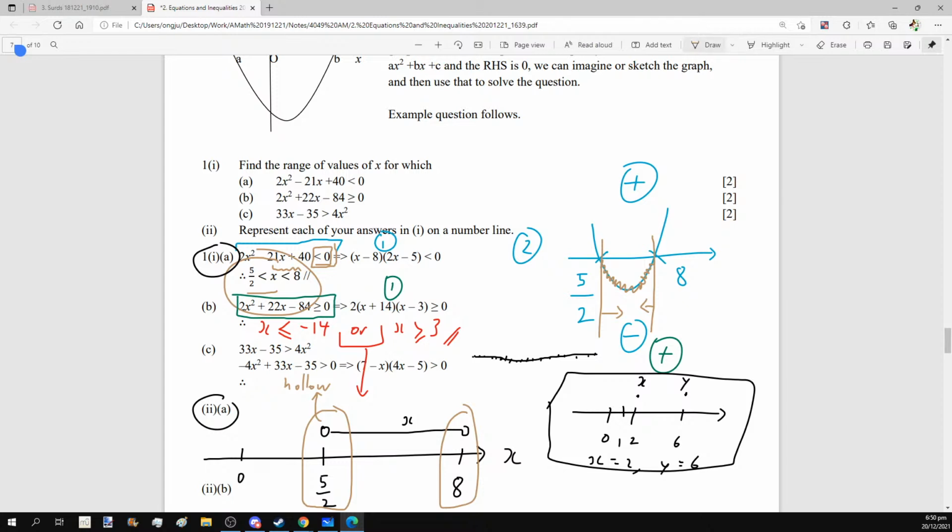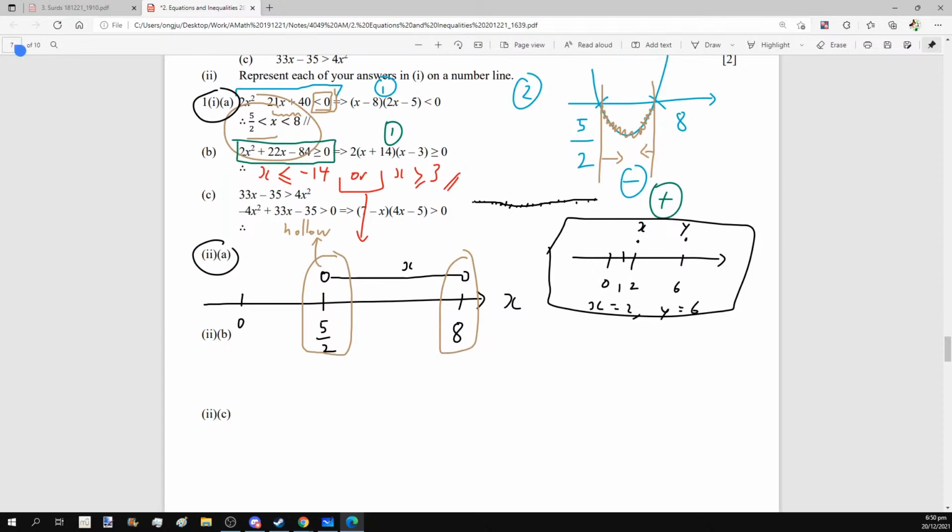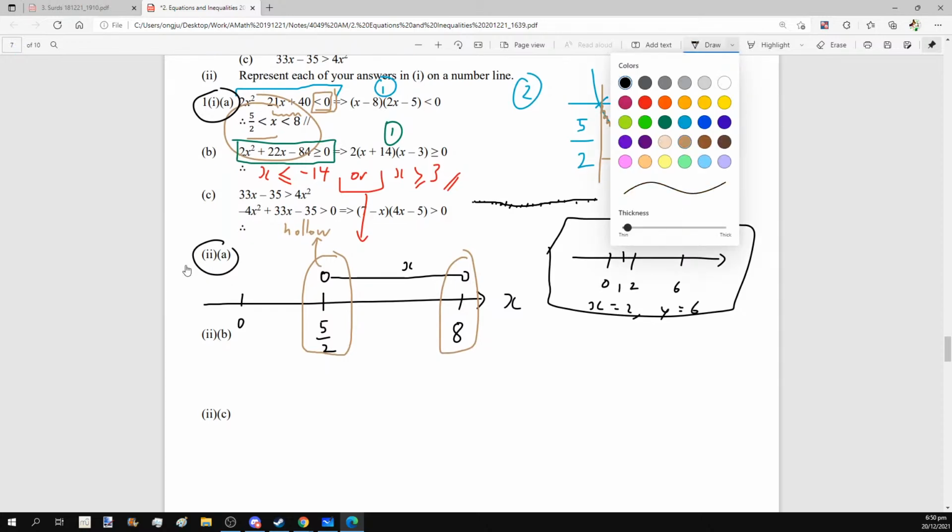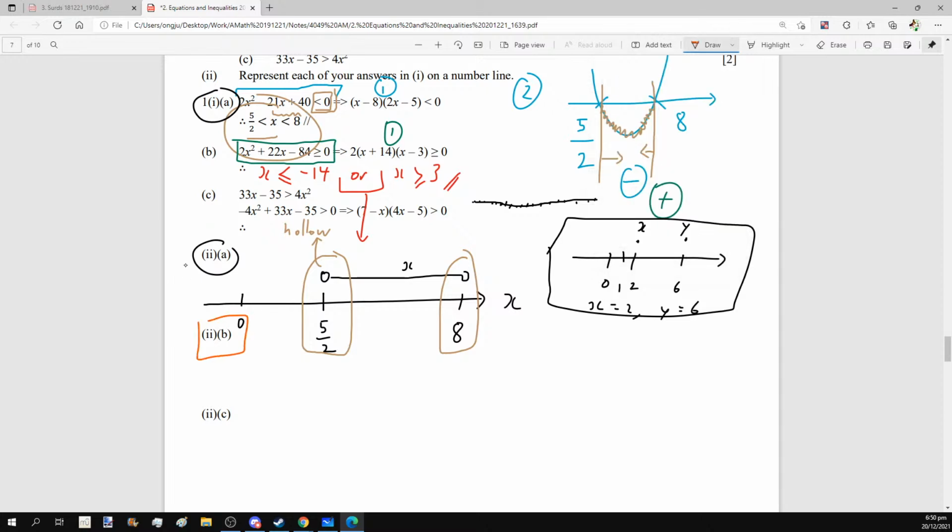Consequently, if we do want to include something, such as for the answer in part B, this one over here, you notice that it is no longer a strict inequality, right? We have negative 14, we have positive 3, and we can include them as well as the numbers to the left and to the right respectively.